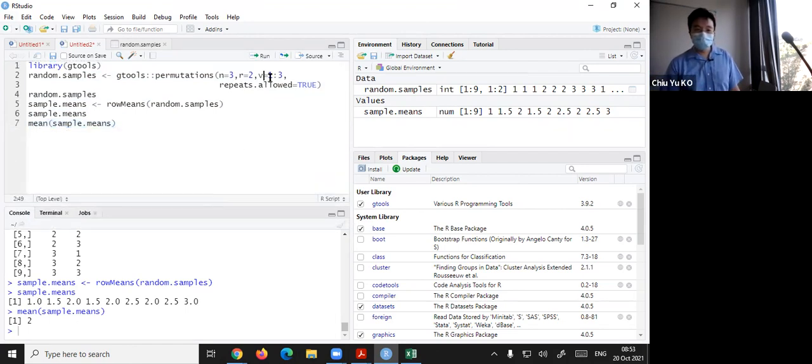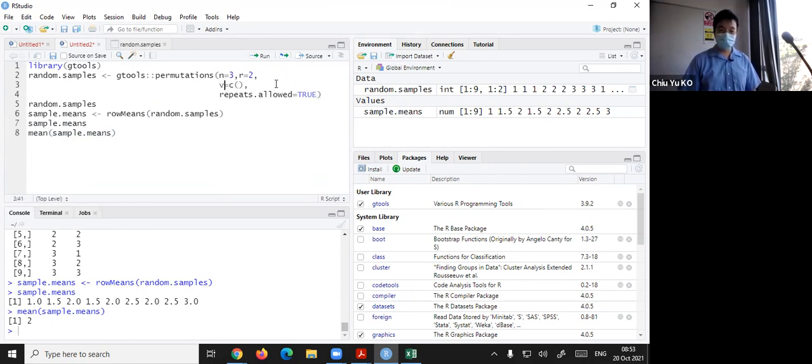Now, instead of 1, 2, 3, just write down anything you like, maybe 5, 4, 6, 10, three numbers there. And then you draw 2 numbers and see what you get.